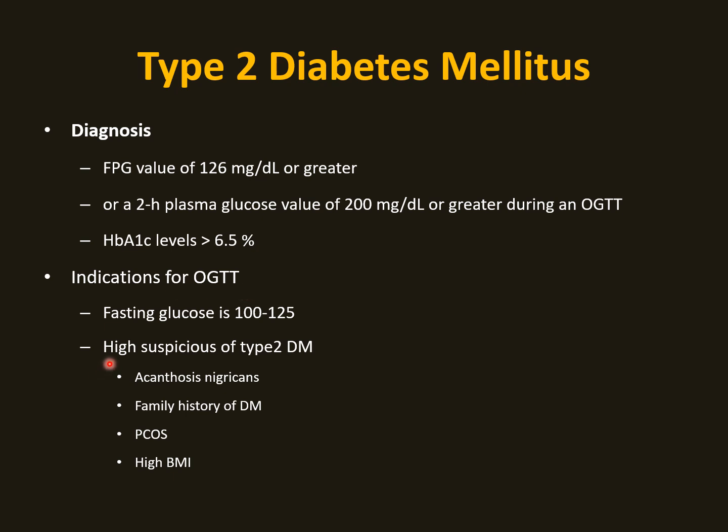It is also indicated if you suspect type 2 diabetes mellitus because of acanthosis nigricans, family history of diabetes mellitus, polycystic ovary disease, or high BMI.